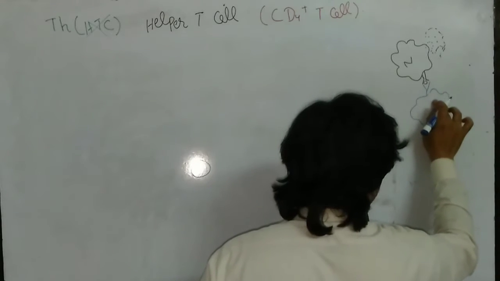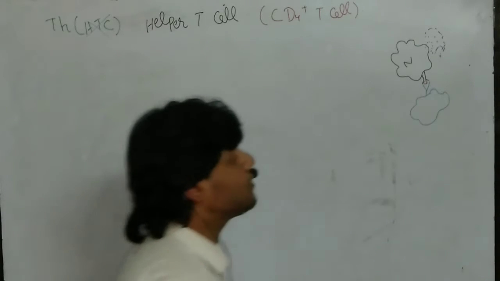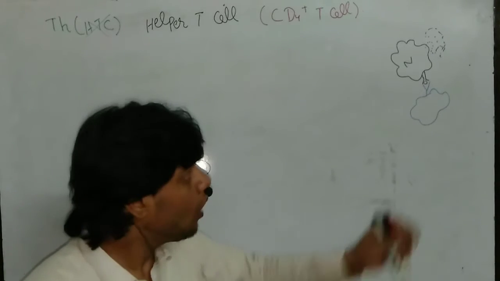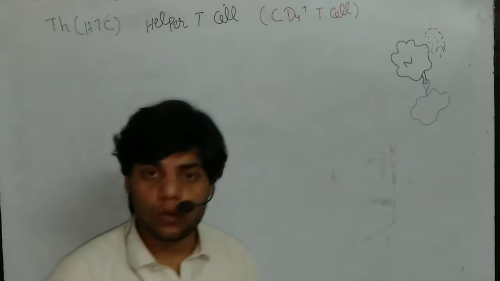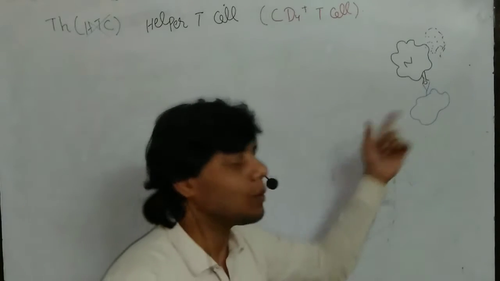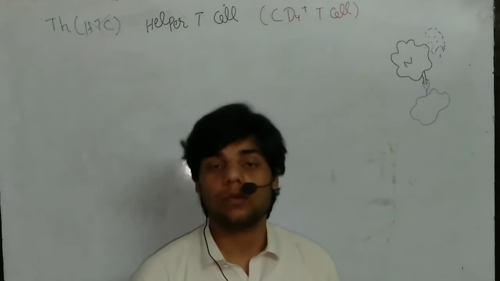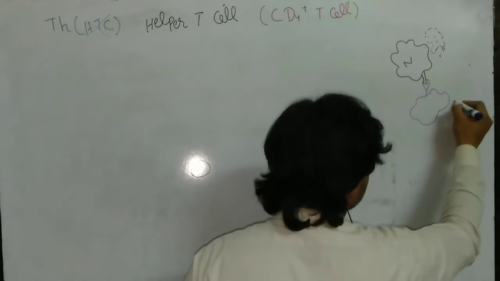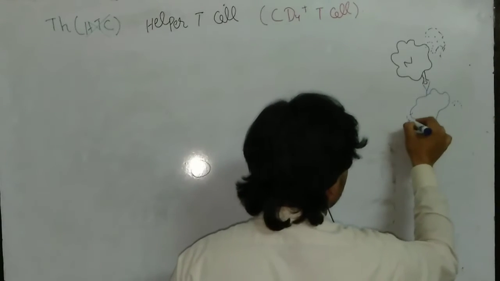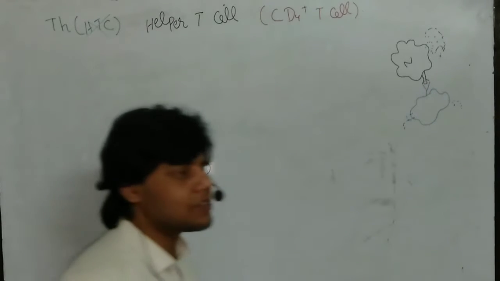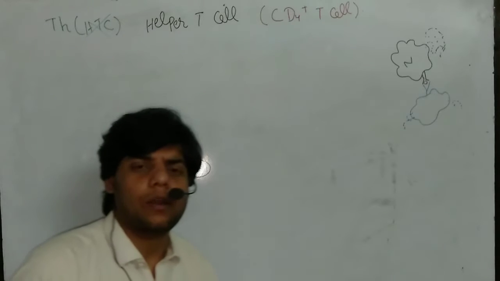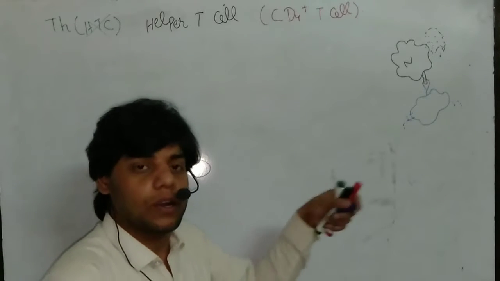The helper T cell will recognize the antigen portion with the help of its receptor. Once it recognizes the antigen portion, the helper T cell will decide which type of immune system will be activated. It secretes different kinds of cytokines, due to which sometimes macrophages will be activated. We will talk later about what kind of cytokine will be produced and what their function is.